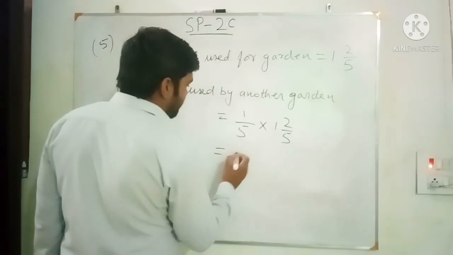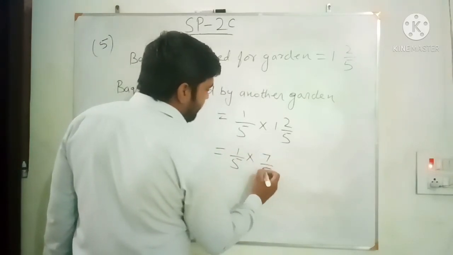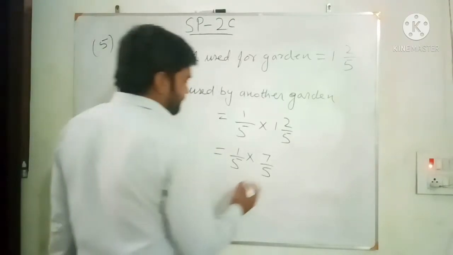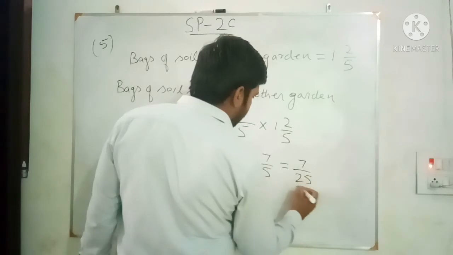Now find it. 1 by 5 multiply 5 fives are 25, plus 2, 7 by 5. That is 7 by 25.